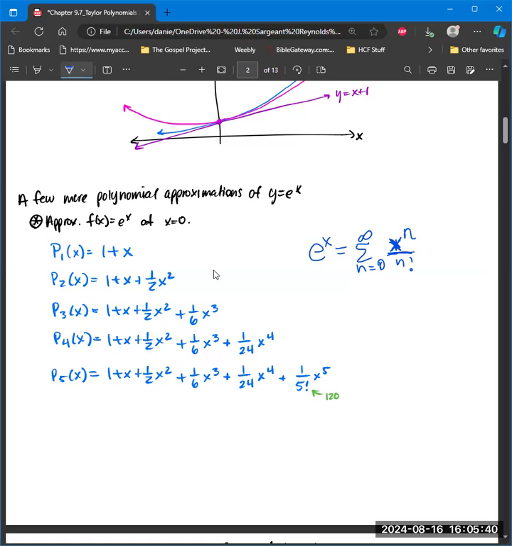The next one, P6, would be 1 plus x plus 1/2 x squared plus 1/6 x to the third plus 1/24 x to the fourth plus 1/120th x to the fifth plus 1 over 720 x to the sixth, and so on and so forth.